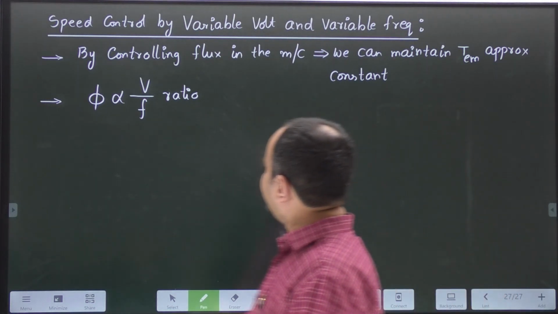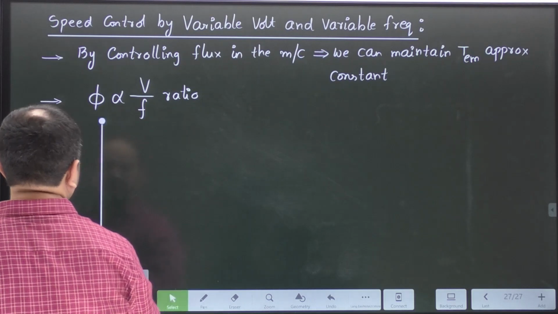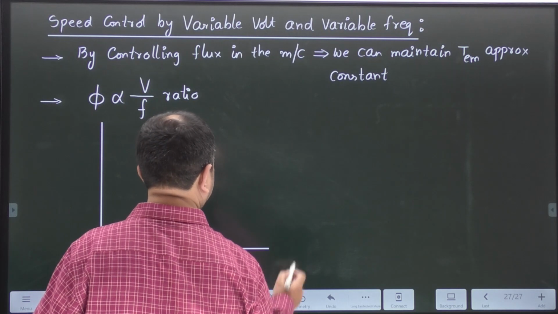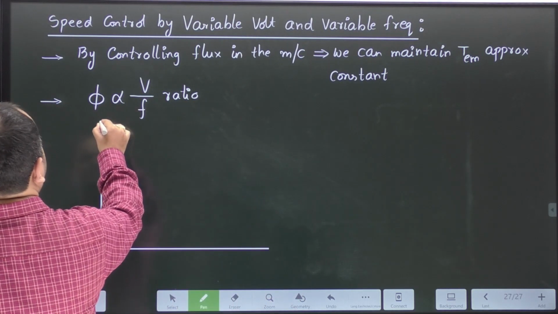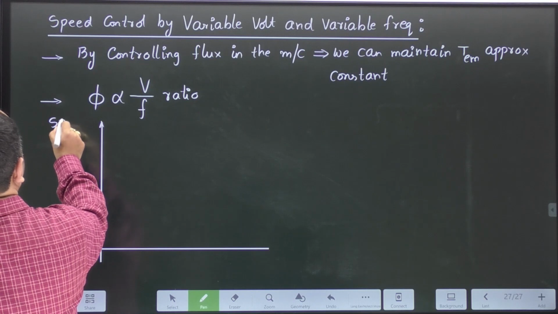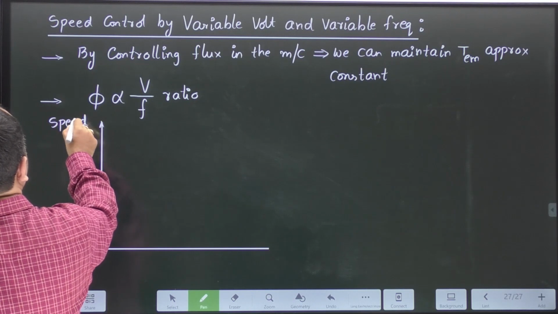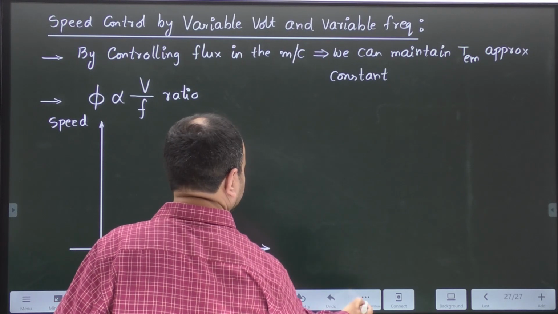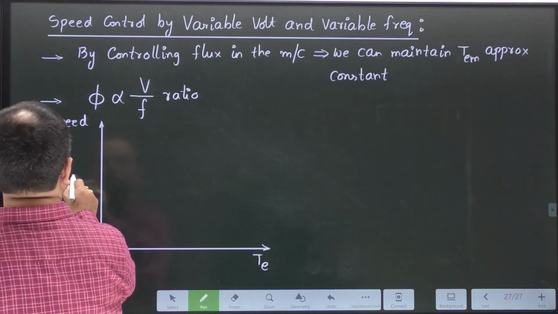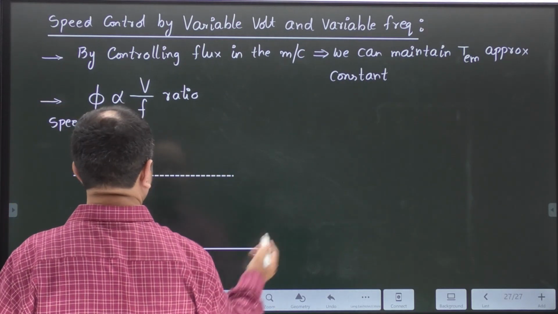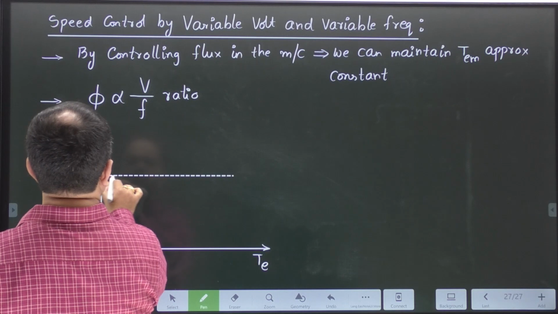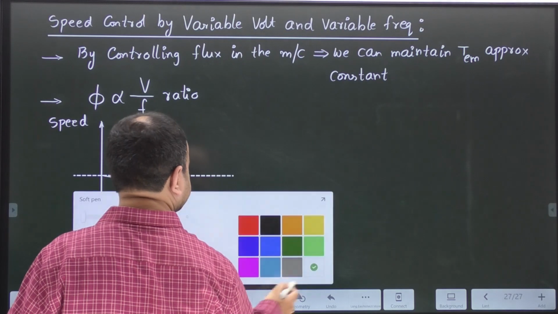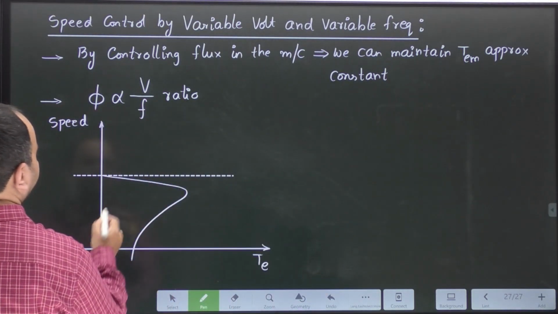Therefore, we will have torque speed characteristics like this. This is a speed and this is a torque. Okay. So here at rated operating conditions, this is how the curve is.